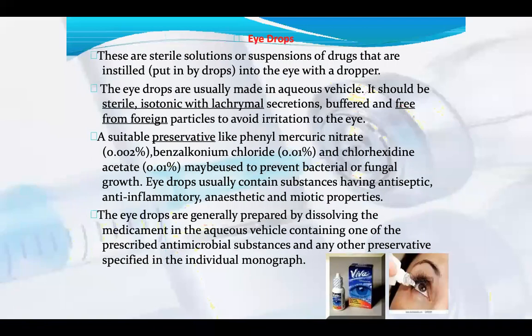Then you may have eye drops. These are sterile solutions or suspensions of drugs that are instilled into the eye with a dropper. Again, because you need an exact dose, you apply it with the help of a dropper. The eye drops are usually made in an aqueous vehicle.